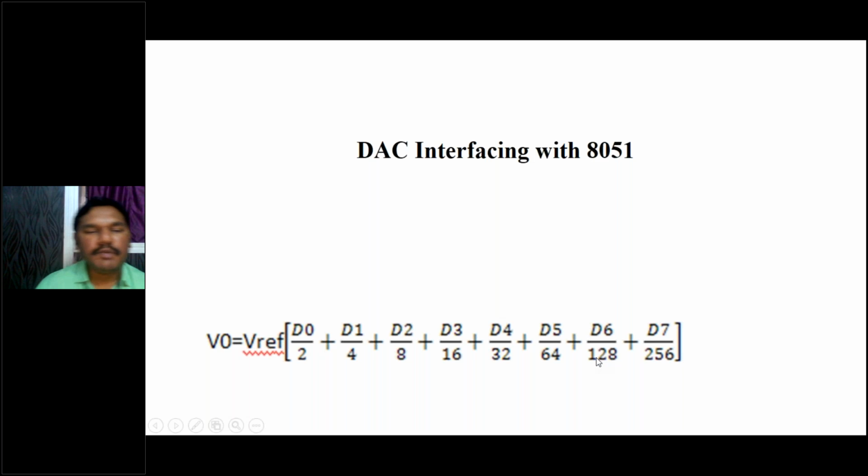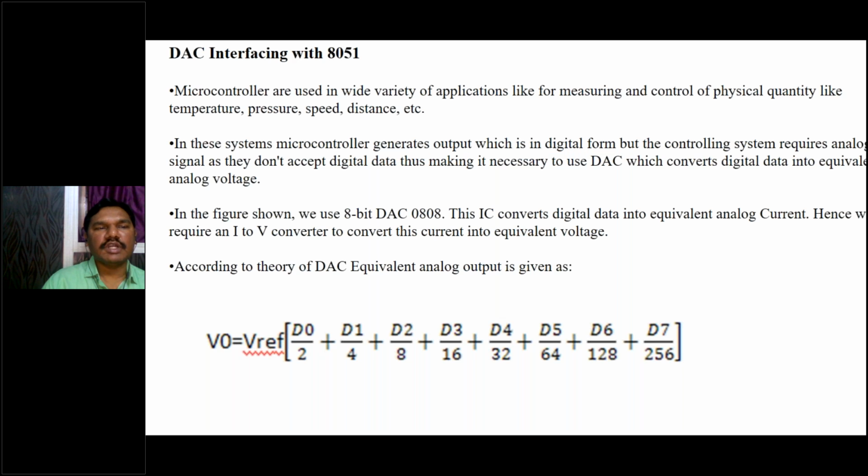These are 2 power 1, 2 power 2, up to 2 power 8. We are converting 8 bits to an analog signal. V0 is nothing but the analog voltage, equal to V reference. We take a reference voltage, and with that reference voltage it will be converted to the equivalent output voltage.